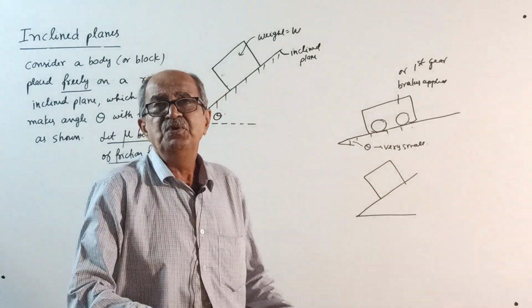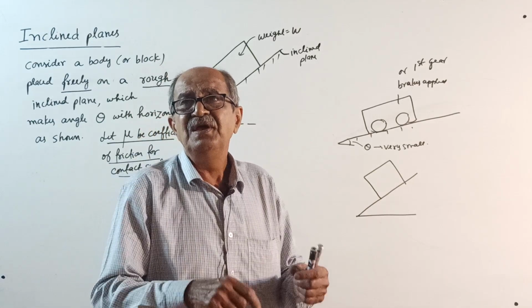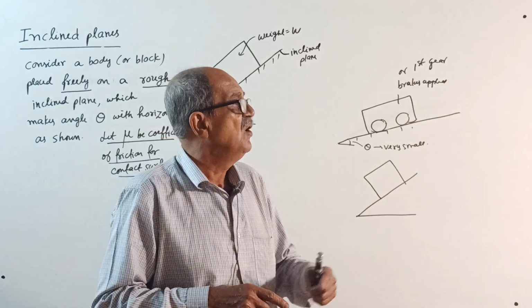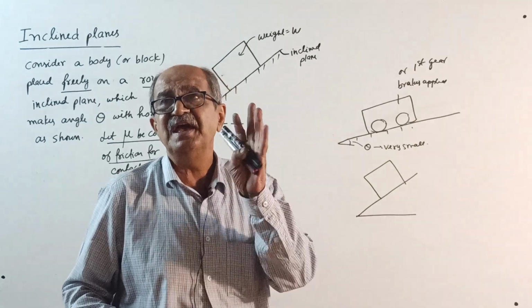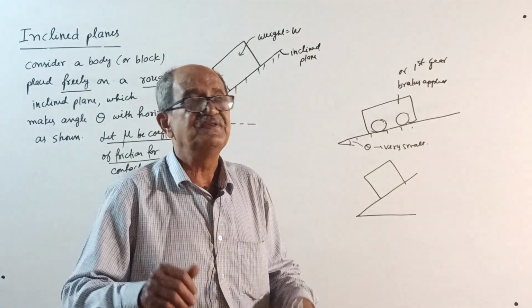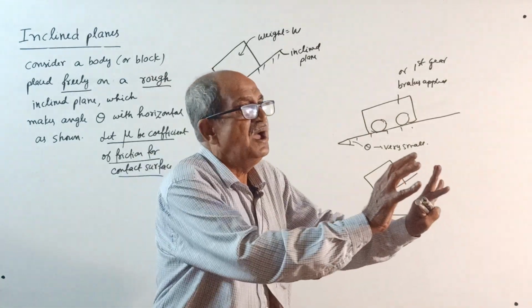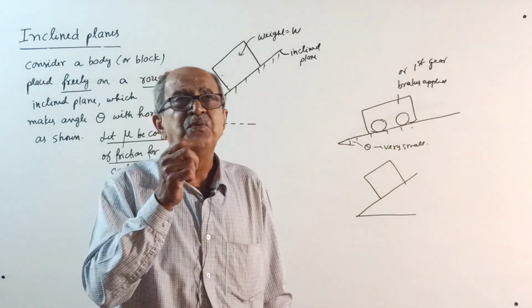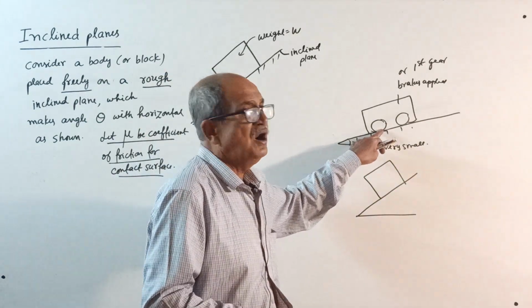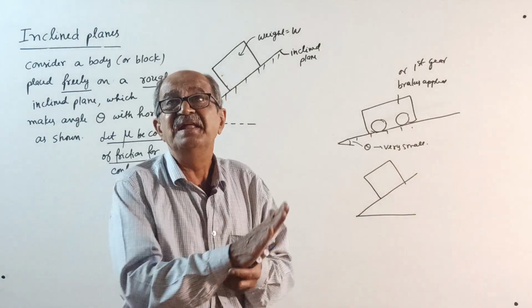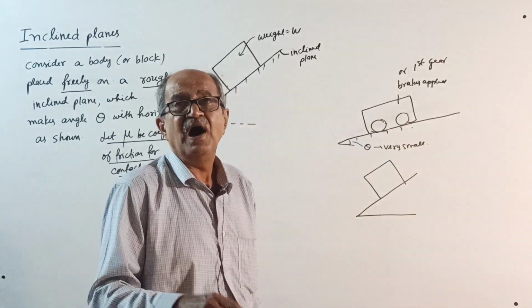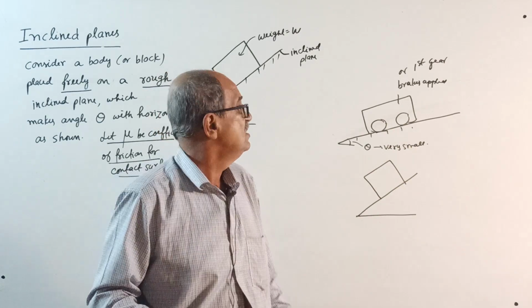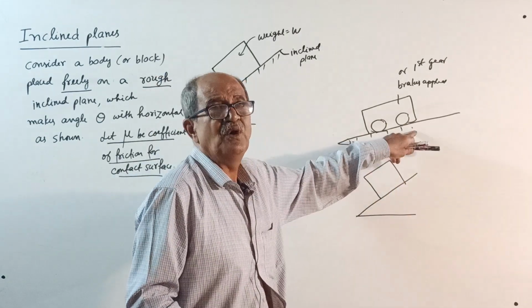But if you apply the brakes, the wheels are arrested, or if you put the vehicle in first gear, it will lock the wheels. Then when you apply a force, you cannot move it. You require heavy force. Then it will not roll, it will slide. Sliding always creates more friction. So this is a simple example for you.